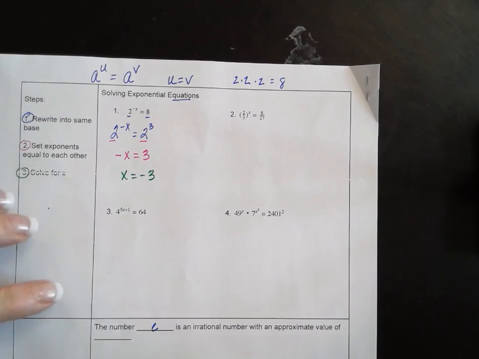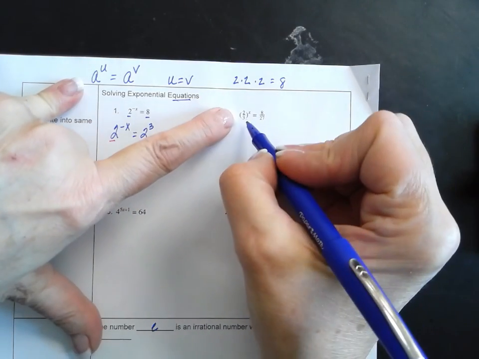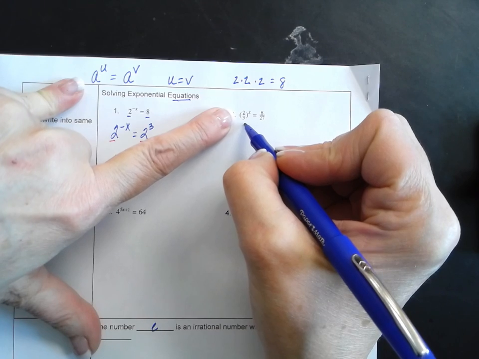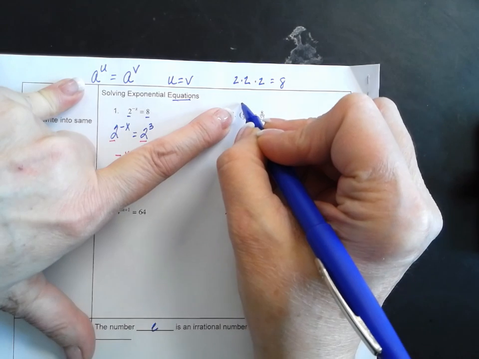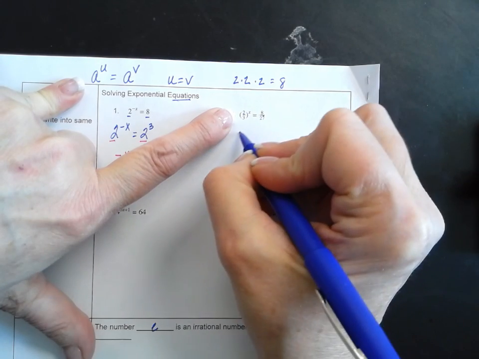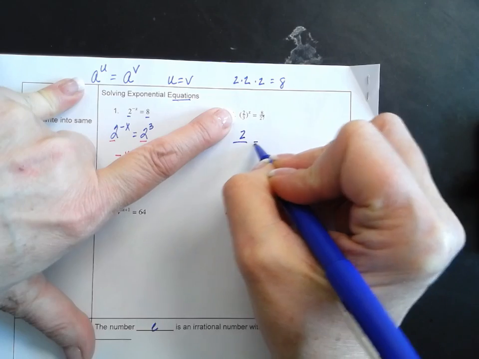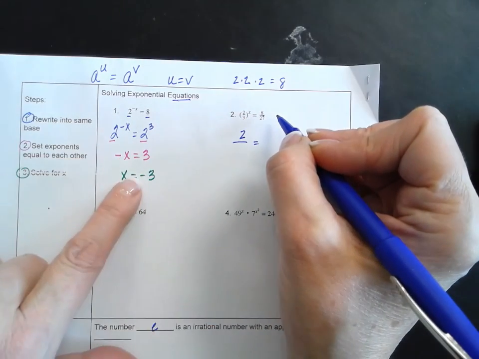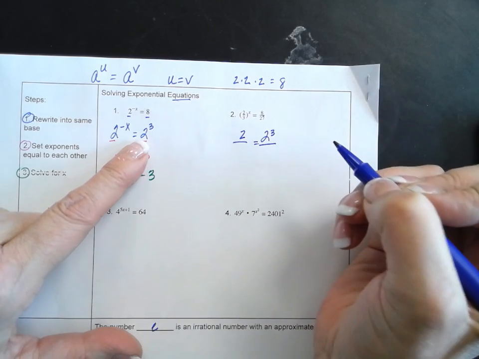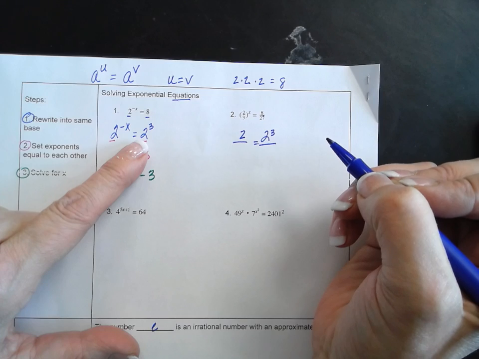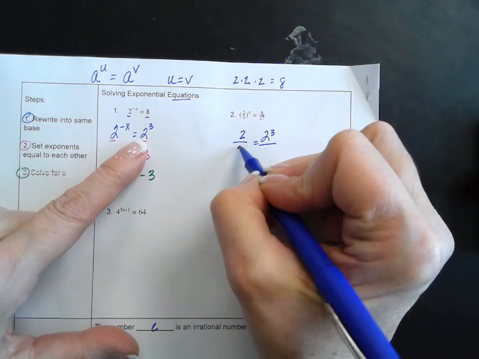Okay. So the next one, I have a 2 and a 3. So let's compare this numerator to this numerator. I have a 2. Well, I just found out that 2 cubed gives me 8, so I'm going to rewrite that as 2 cubed. My bottom's 3.